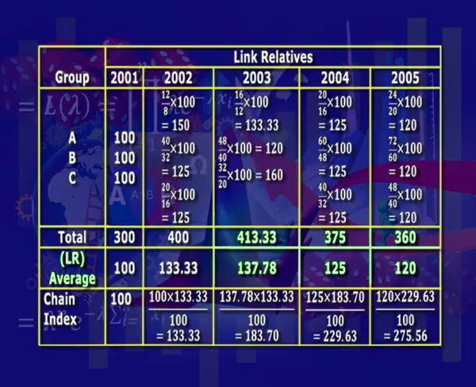137.78, 125 and 120. And then, applying the formula of chain based index number, the index numbers are calculated. For the first year it remains as it is, the value of the link relative, but from the second year the chain index is given by 100 multiplied by 133.33 divided by 100, which comes out 133.33.